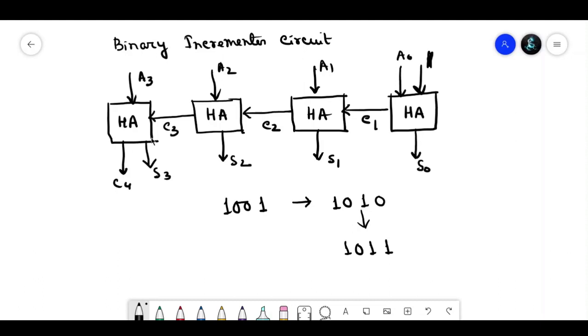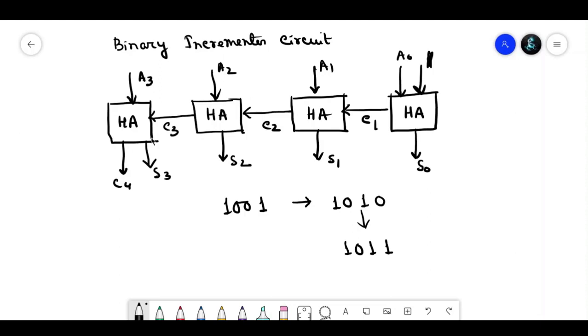The half adders are connected in cascade. One of the inputs of the least significant bit half adder is logic 1. In the other cases we only need the carry input and one input. That is why a full adder is not needed. In case of a full adder, the carry input and two other inputs are needed. But here, as we require only one input except carry, the circuit can be implemented using half adders only.